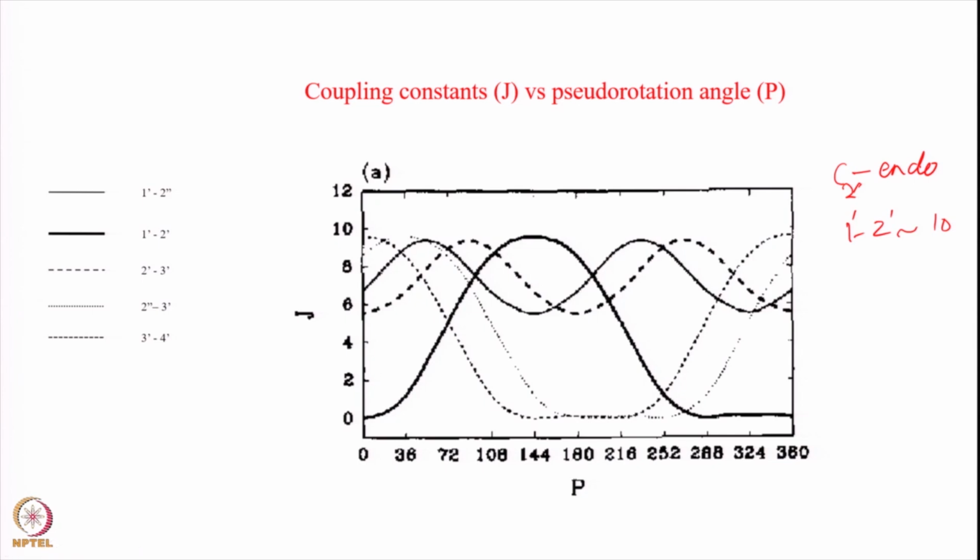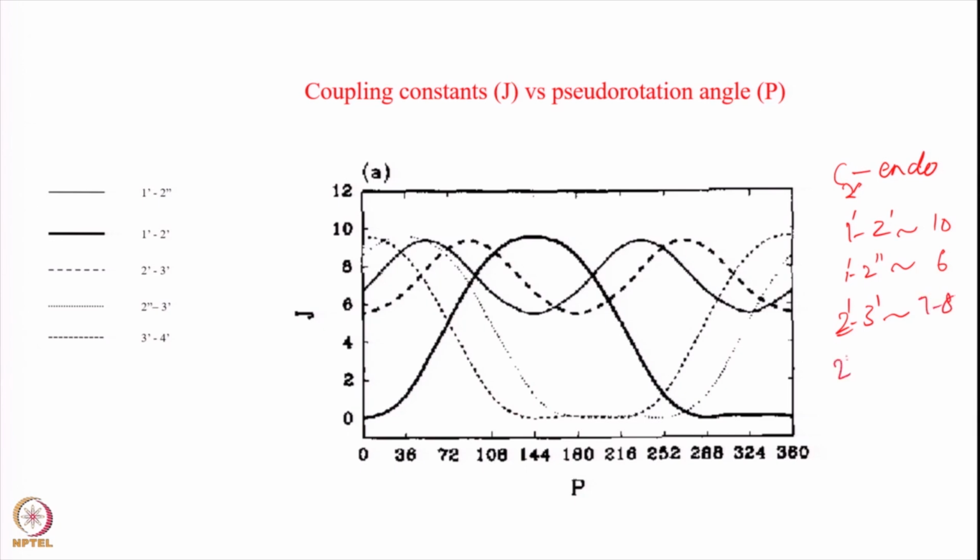And you can look at the other ones, the 1 prime 2 double prime. You can see which one that is, the one below there. That is approximately 6 Hertz. So in this area, this is 10 Hertz, this is 6 Hertz, and this one is my 2 prime 3 prime. This is the third one, and that is approximately 7 to 8 Hertz.